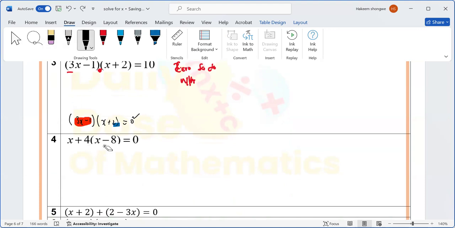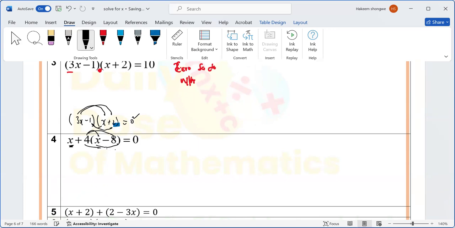But look at this one here. This one is inside the bracket, and this one is outside the bracket. With this one on top, you have this one multiplied by this one multiplied by this one. The x here cannot multiply this bracket because it's not related to a bracket.